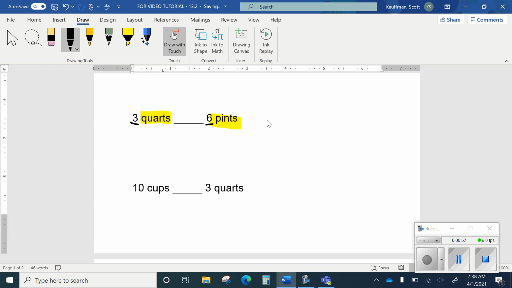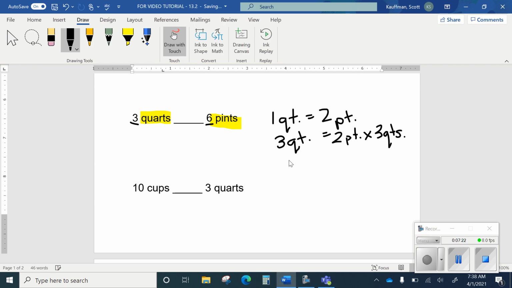So just like we did before, if 1 quart is equal to 2 pints, then to find 3 quarts, all I have to do is multiply my 2 pints times 3 quarts.